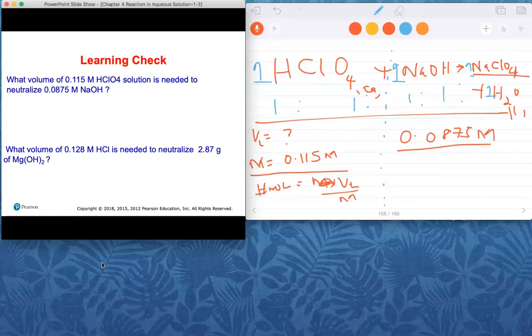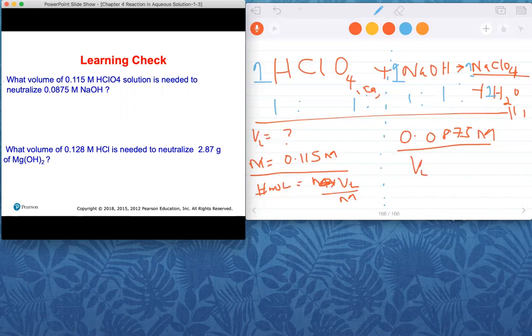No, number of moles is molarity times volume in liters. If we know the number of moles neutralized, the mole ratio is 1 to 1 to 1. We need to know the volume of NaOH right here.